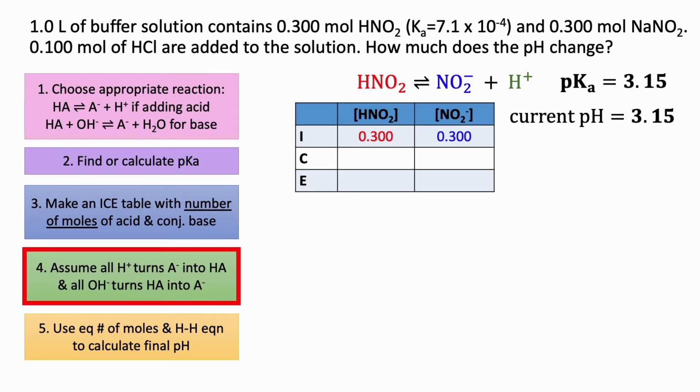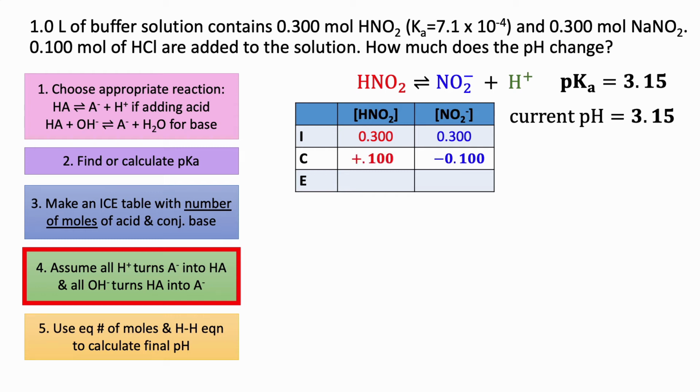For this, we assume that all the H+ we add turns A minus into HA. What this means is for every mole of HCl we add, we're going to lose 1 mole of our conjugate base, nitrite ion, and we're going to gain 1 mole of our acid, nitrous acid. So we're going to lose 0.100 moles in this case of nitrite.